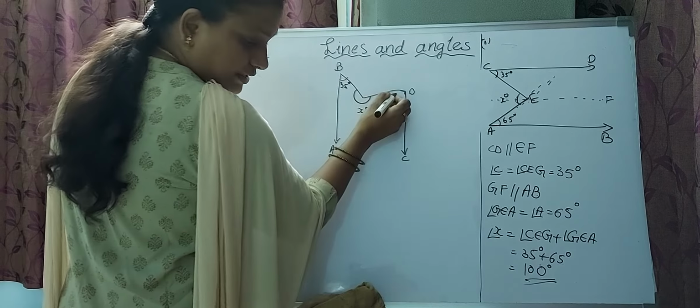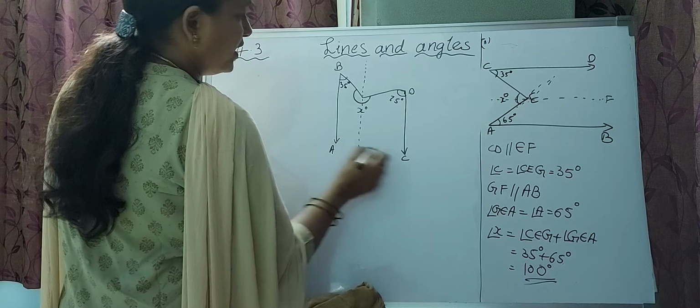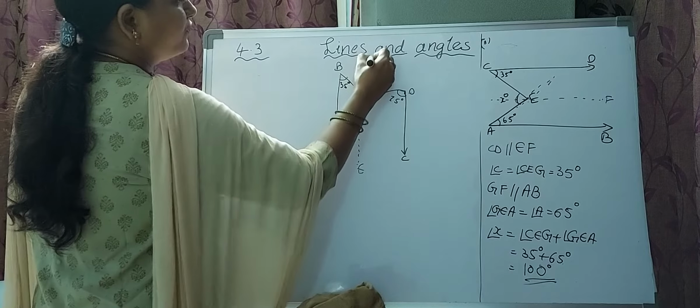So we have to find out this complete angle. Same, just draw an imaginary line which is parallel to AB and CD. You think that is EF.